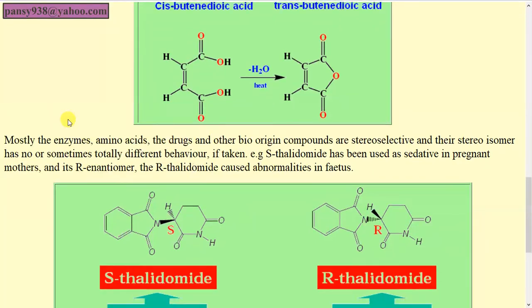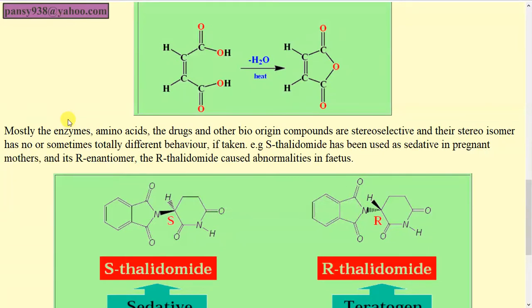In the initial instances, when scientists were not able to see the stereochemistry, the drug was given to patients for its sedative character, but they observed that it also caused some dysfunction in the fetus of the mother. They observed this in the early 60s of the 20th century.